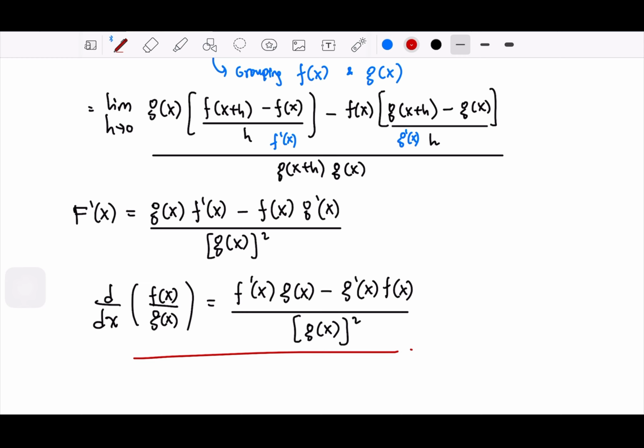I usually write f always at the beginning, like the product rule, to make sure that we stick to the same concept, because in the quotient rule, the difficult part is if you forget which one is which, right? So always remember that the first thing, the top function, will be here, the one that you need to derive.